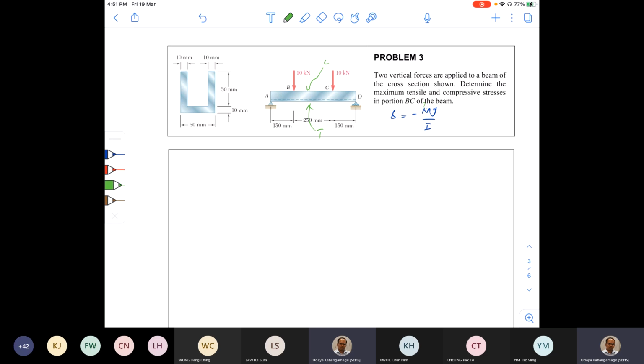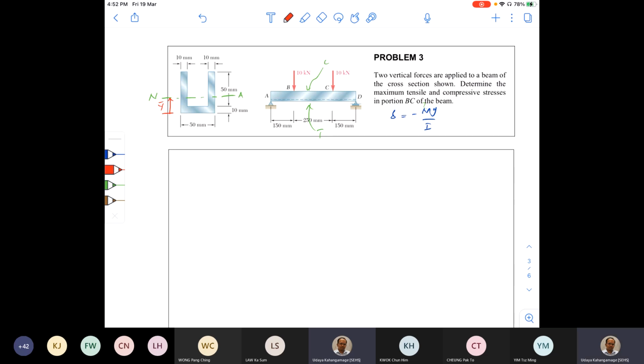Okay. So for the U section, we'll just assume that it is going to bend about its neutral axis. Neutral axis is here, NA. I don't know exactly where it is, but I just mark it like that. And then the distance from the bottom up to the neutral axis is Y bar.